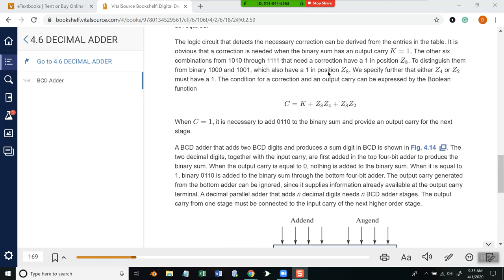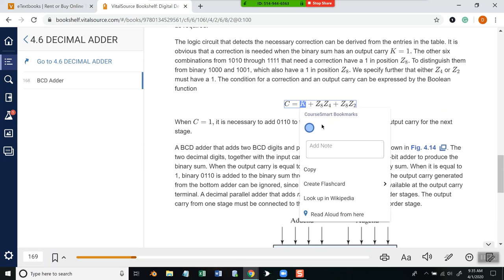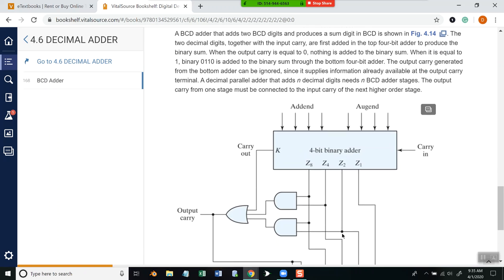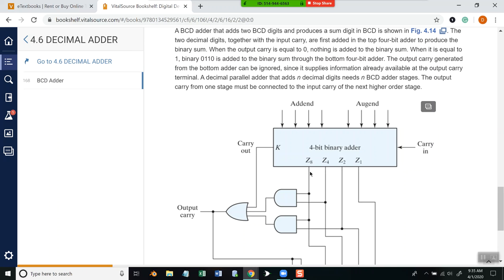That K you see right there represents the K from this formula. Z8, Z4, Z2, Z1 are coming out of this binary adder. Now Z8's coming in here, Z4's coming in here. This is the Z8 and Z4.